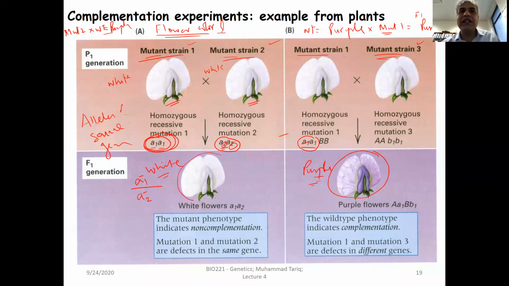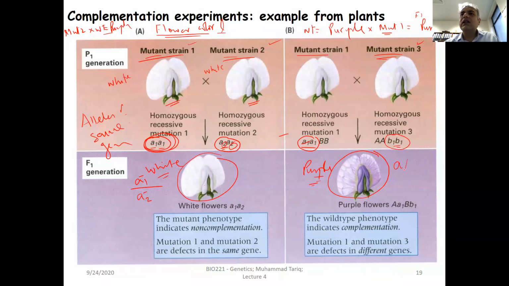Here they don't complement each other. So since mutant 1 and mutant 3 are complementing each other, it means mutant 3 is a mutation in a totally different and independent gene in the flower color pathway, which is, let's say, B. So here, what is the genotype?